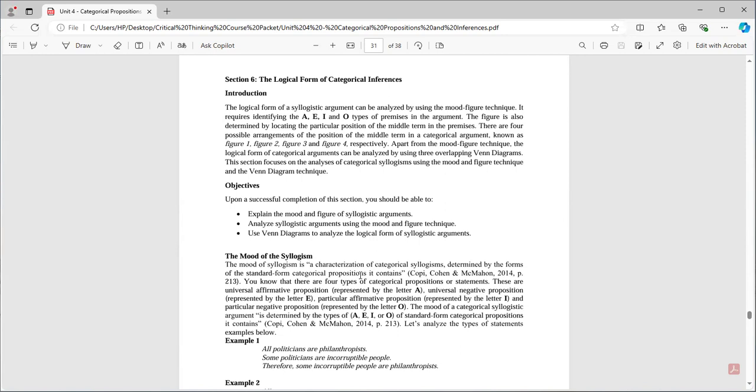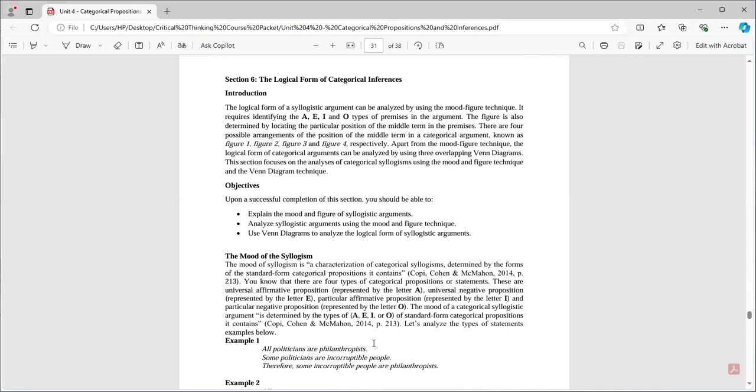We said universal affirmative is A, universal negation is E, particular affirmative is I, particular negation is O. So if there are three statements here, you have either all of them being A, or it could be that one is A, one is E, one is O, depending on the types of propositions. So mood here identifies the types of categorical propositions in the argument.